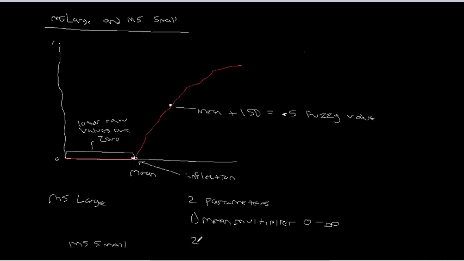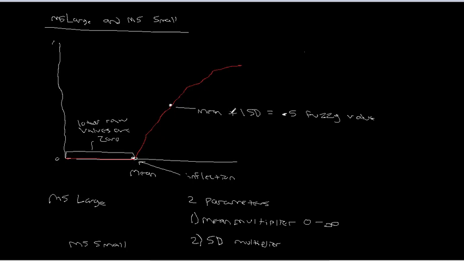The second parameter we have control over is this idea of the standard deviation, which I'm going to abbreviate as SD multiplier. And the SD multiplier, it's the same concept as the mean multiplier, except what we're doing is we're changing this value here.